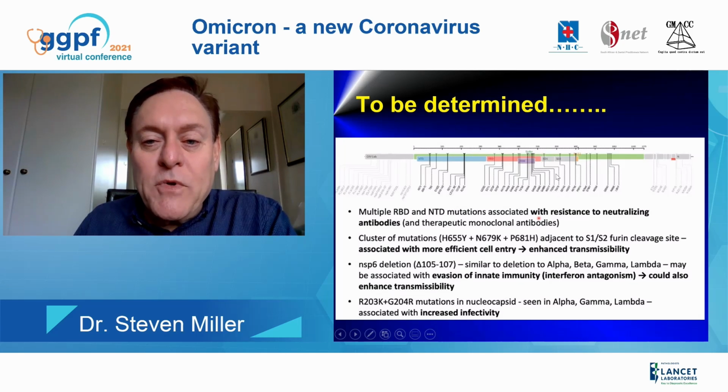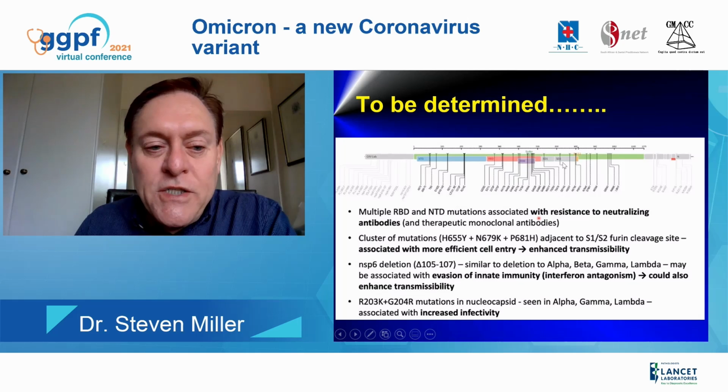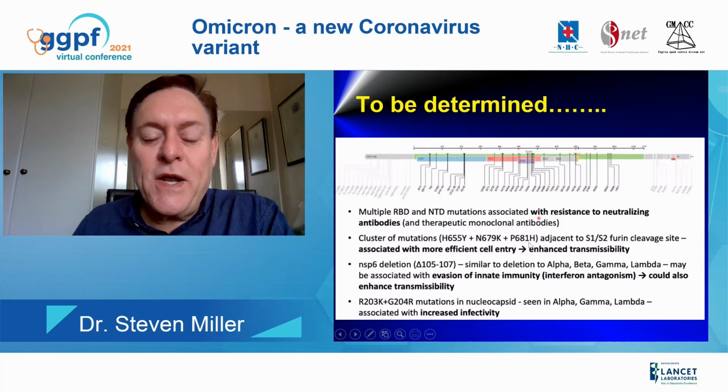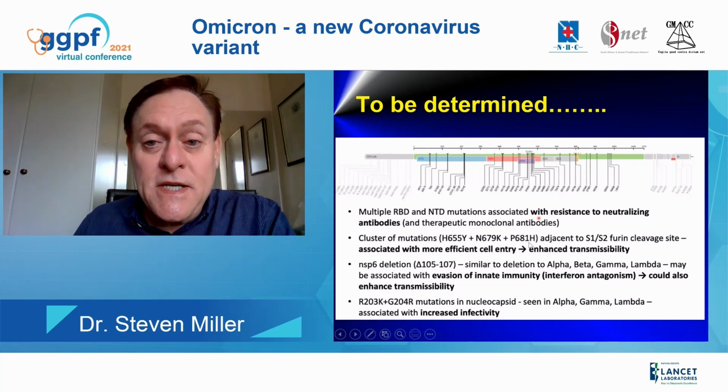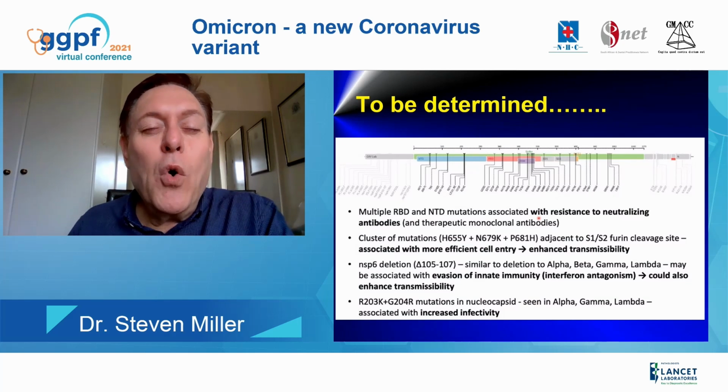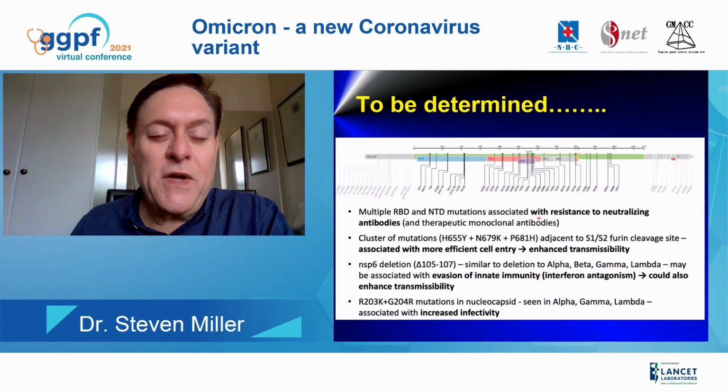We know that mutations around this region here allow the virus to enter the cell more easily, I beg your pardon, and transmit more easily. We saw that with Delta. This continues to be present in this variant. We know that there are some mutations here which make this virus more resistant to the action of endogenous interferon.